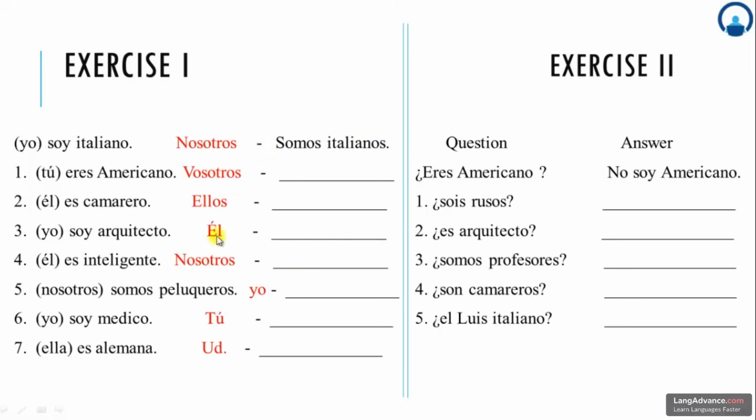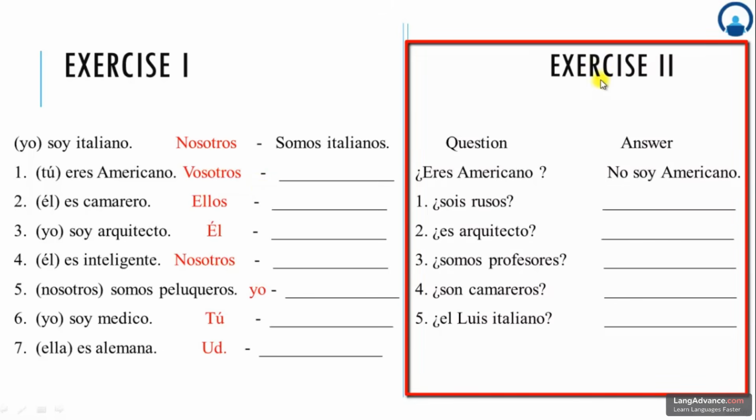In this manner, you have to solve the rest of them. Here you have been provided with the statements. In red, there are subject pronouns according to which you have to answer. That was exercise 1.